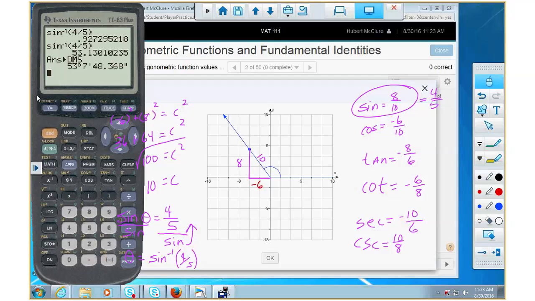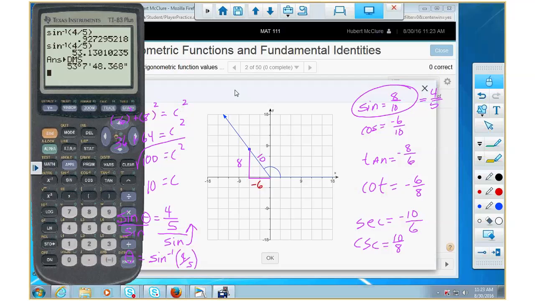You put the answer, and then you go to second angle, which is second apps. Right there. And then go down to number 4, and then hit enter. That should do it. Okay?